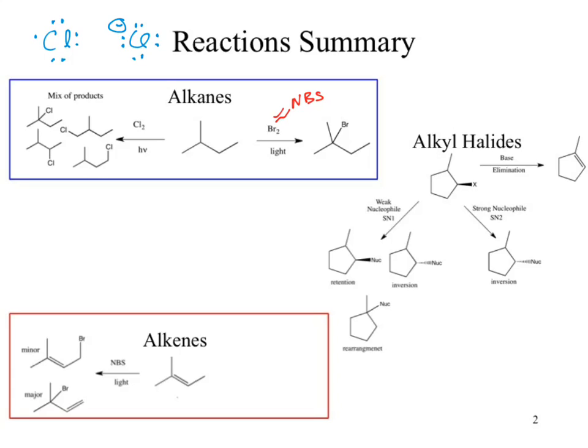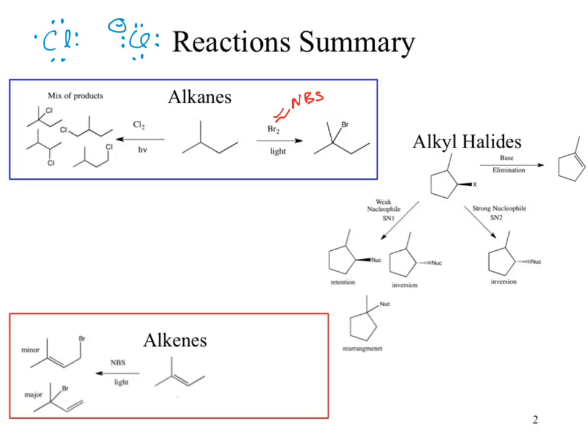So I picked a starting material that would allow for a rearrangement. Will you always see a rearrangement? Nope. The only time you see a rearrangement is if you actually make something more stable. If it's not more stable, it doesn't go forwards, and you'll stick with the carbocation that you started with.